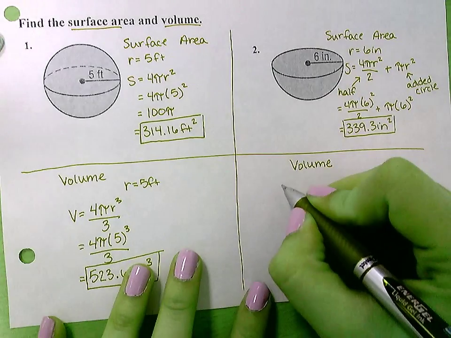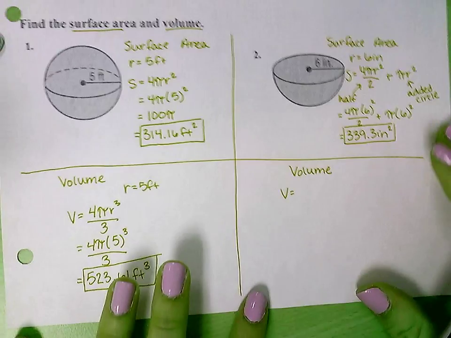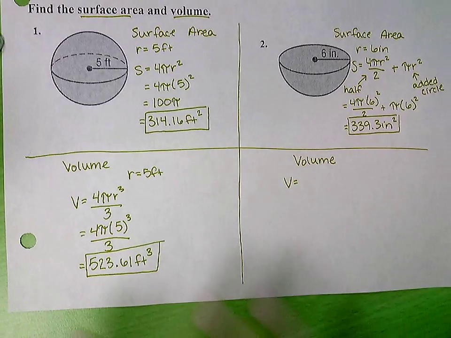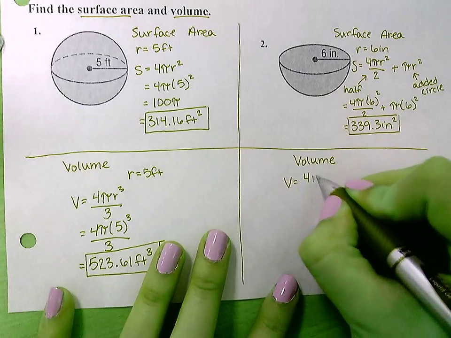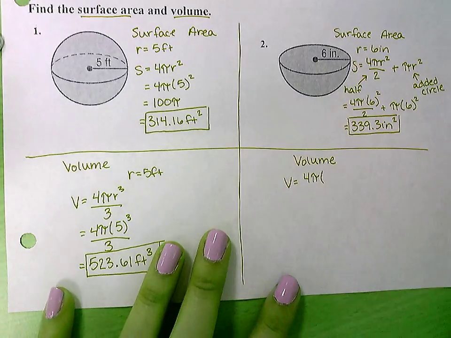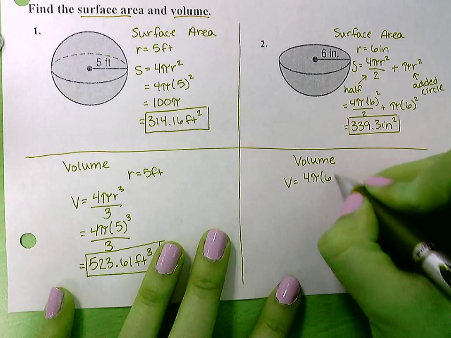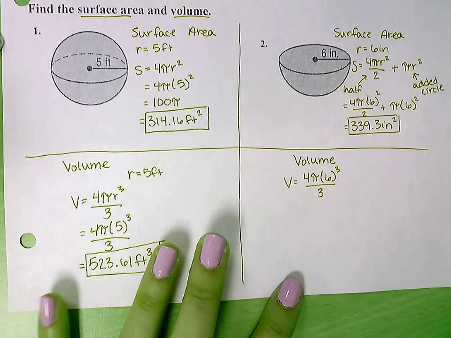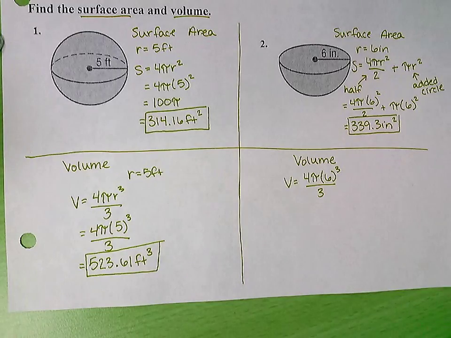So here, we're just going to plug in 6 for r in our formula. So we have 4 pi times r, which is 6 cubed, divided by 3. So first I'm going to just find the volume of the entire sphere.